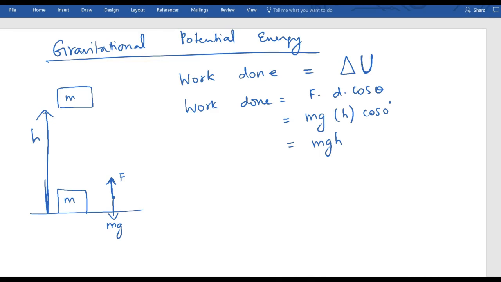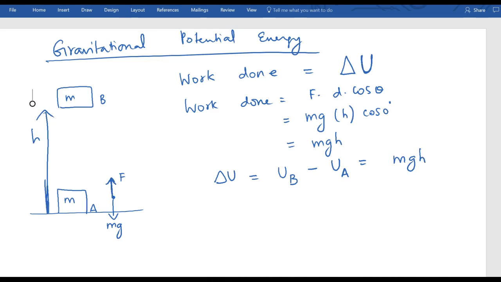So that means this is going to be the change in the potential energy of the object between these two positions. So delta U, let's call this position A and this position B, which is potential energy at point B minus potential energy at point A, is equal to mgh.